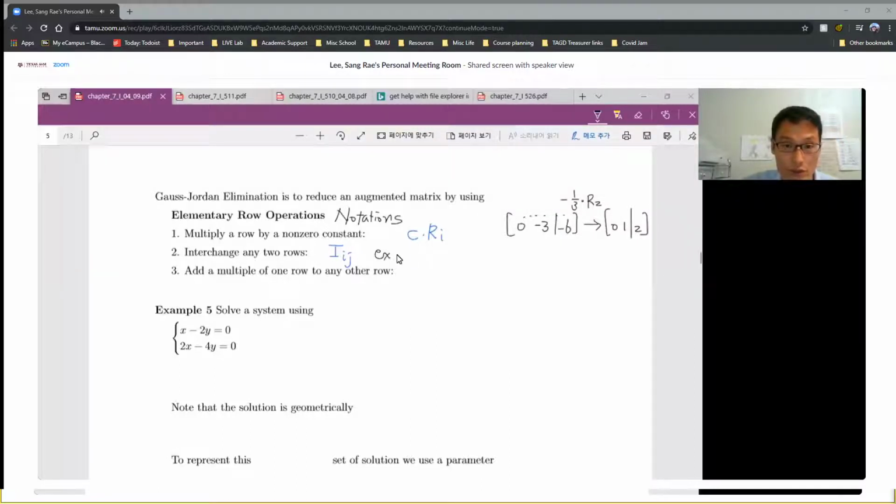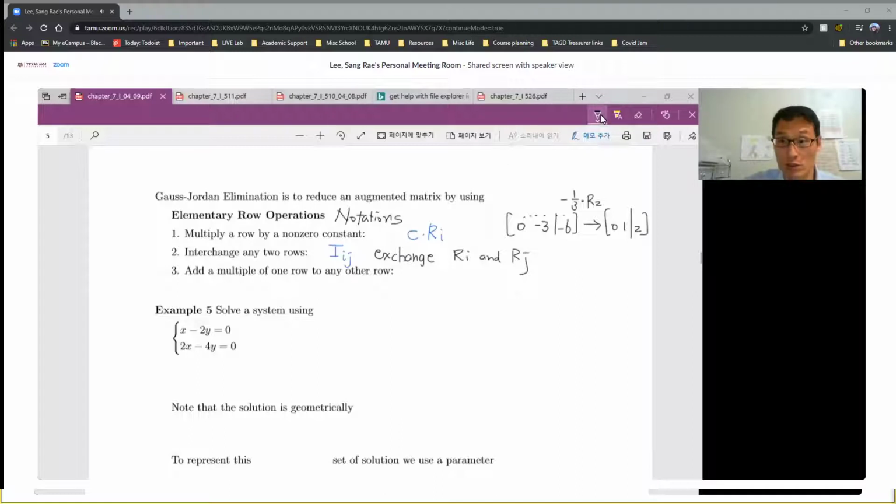So this is exchange Ri and Rj. And then you can add, number 3 is actually very useful. You can take any multiple of 1 row and add this to any other row.